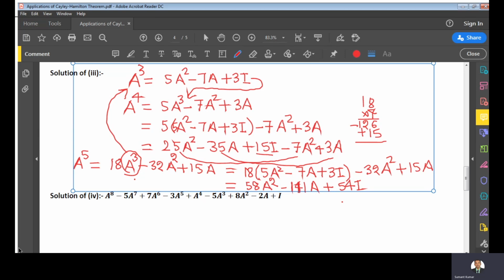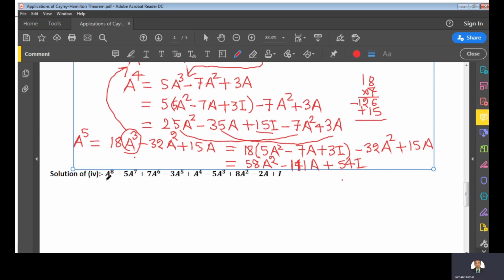Now similarly, how will you reduce this bigger expression to a lower degree polynomial? And it is very simple, right? But the point is, how will you factorize this polynomial, right? And as you know, the characteristic polynomial has degree 3, right?